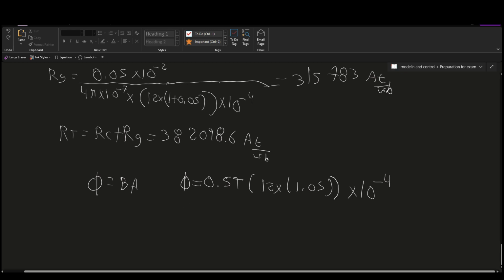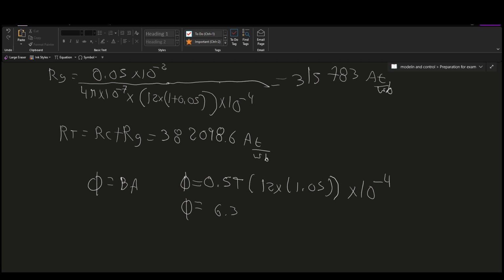So this flux will be 6.3 times 10 to the minus 4 Weber.